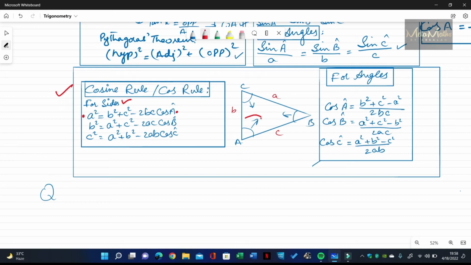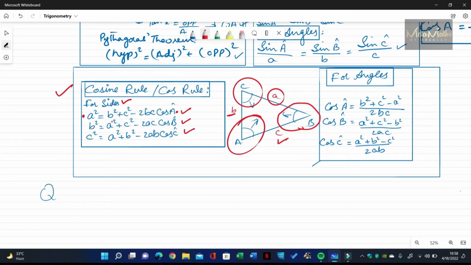If you are finding A, then you need this angle. If you are finding B, then you will use this B angle. And if you are finding C, then you will use C angle in the formula. As you can see, I have written all 3 situations.